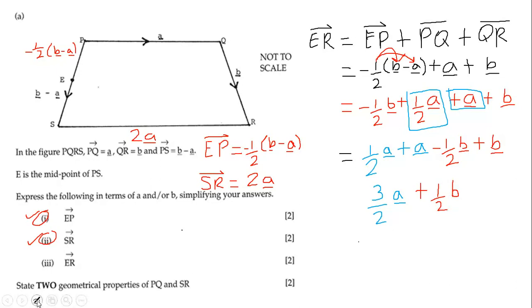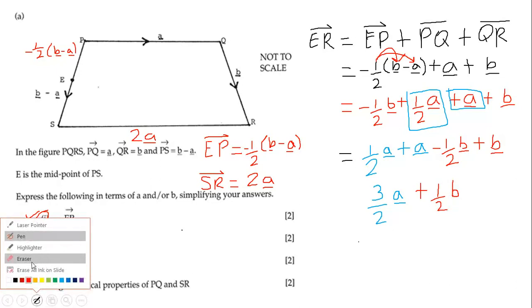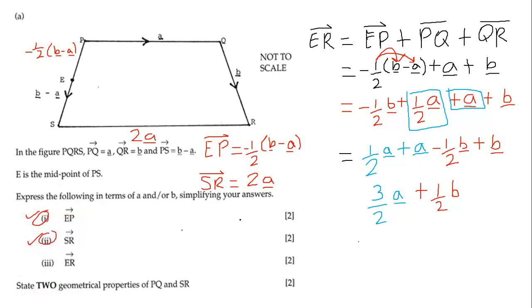And so there we have it. We have what ER is. So ER is going to be equal to 3 over 2 plus a half b. And that's if we do it in this direction: if we go from E to P, then from P to Q, then from Q to R.